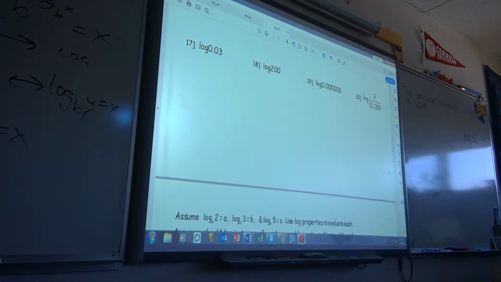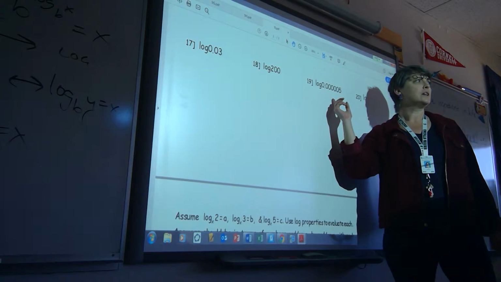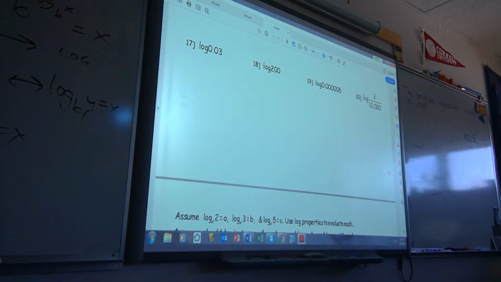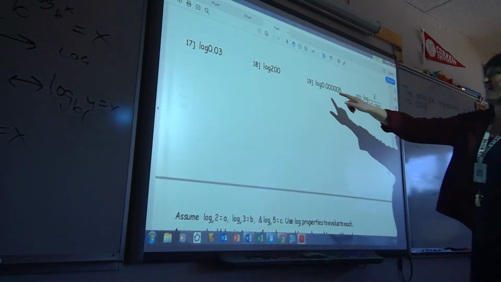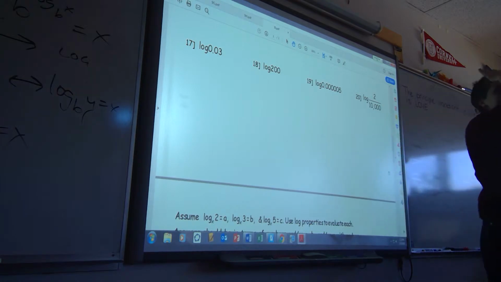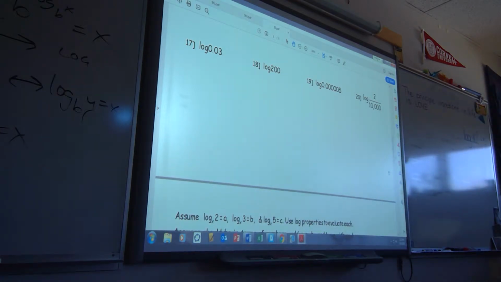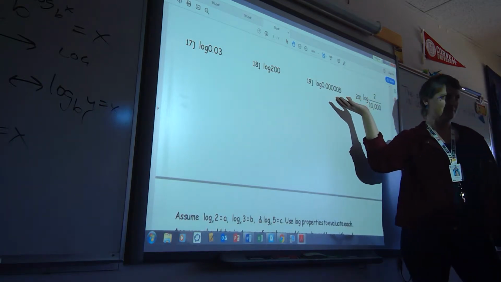So then, let's look at 19. 19 starts to get a little weird. Okay, this is like what? Like the millionth decimal place, if you count it out. Okay, so how are you supposed to use a 2, a 3, or a 5 to get this?